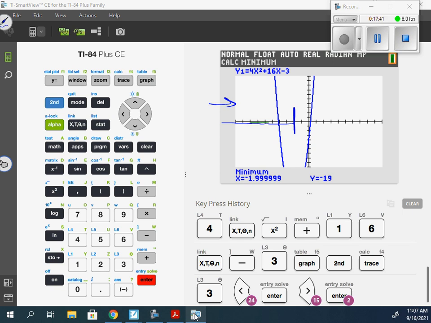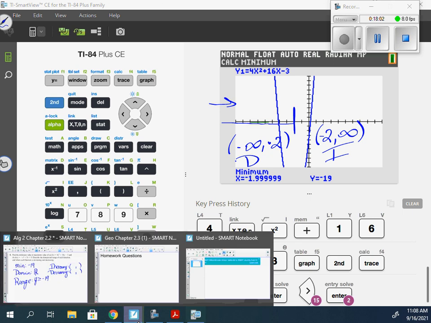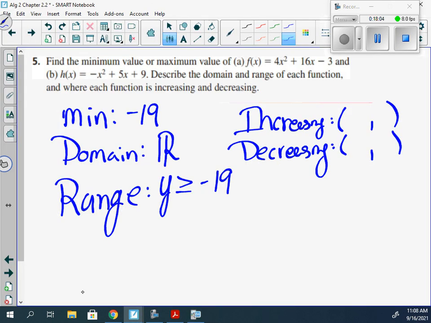Decreasing is going down, yes? So we can say from negative infinity to negative 2, it is decreasing. From negative 2 to infinity, it is increasing because it's going back up. So it is increasing from negative 2 to infinity, and from negative infinity to negative 2, it is decreasing.